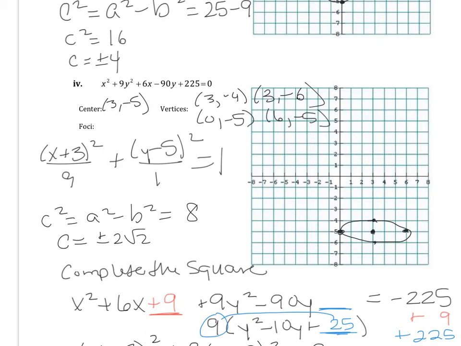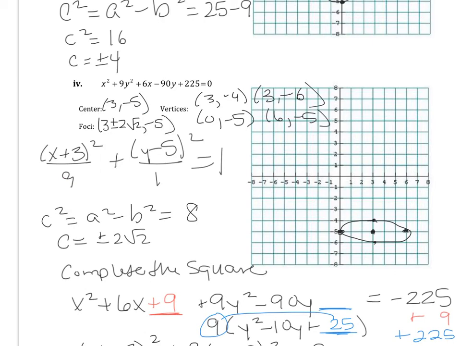The y coordinate of our foci is -5, because our foci are going to be along this axis. But the x coordinate of the foci is going to be 3 plus 2 root 2, over here somewhere, and 3 minus 2 root 2. So our foci are at (3 plus or minus 2 root 2, -5).